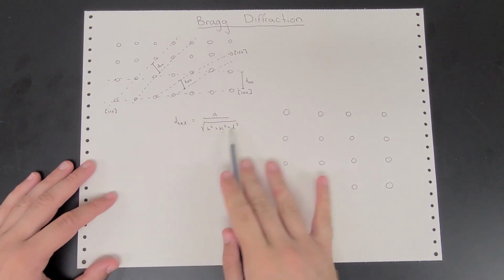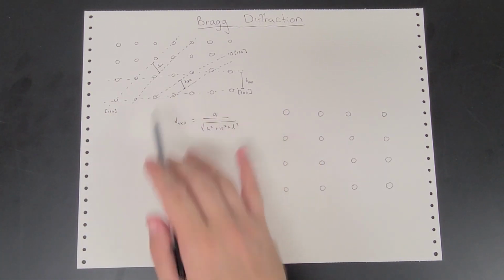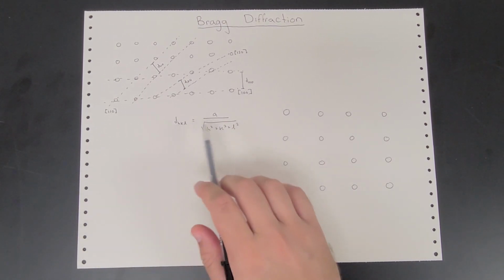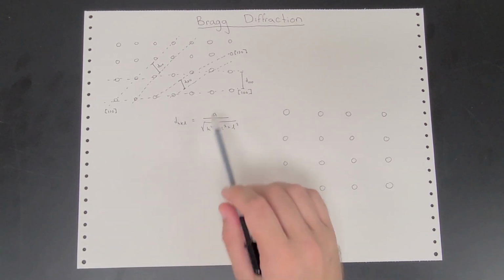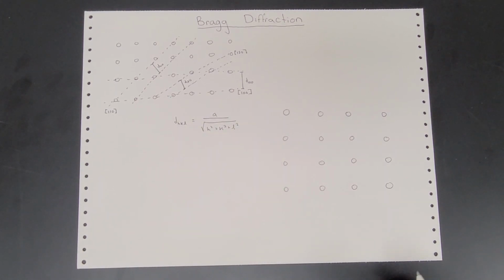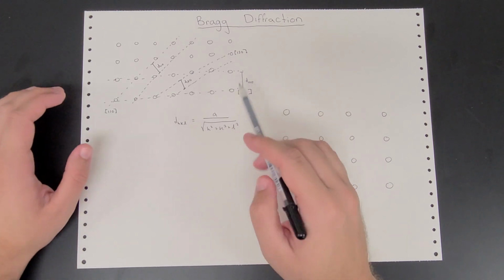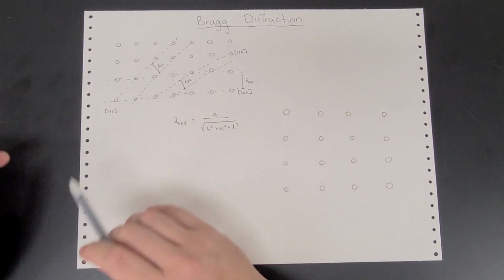This is only true for the case of a cubic lattice. If we're looking at any other kind of lattice, like a hexagonal lattice, this would not be the case. But because we have a simple cubic, this is what the equation looks like. And a is just a constant value that is unique to whatever crystal lattice we're looking at.